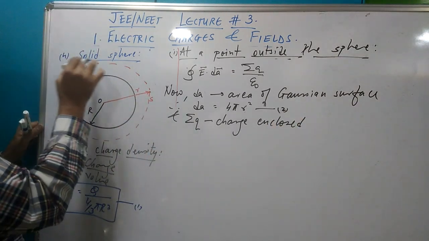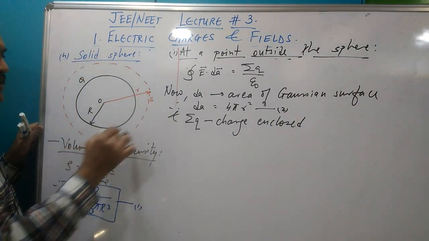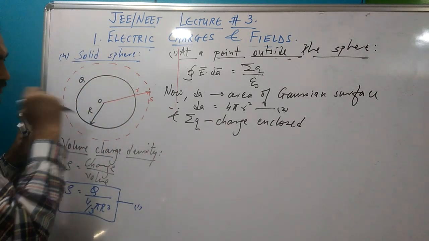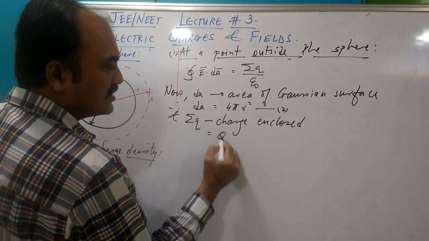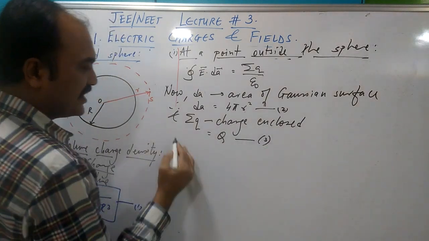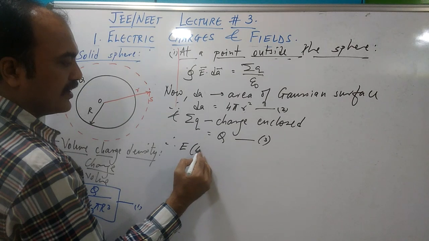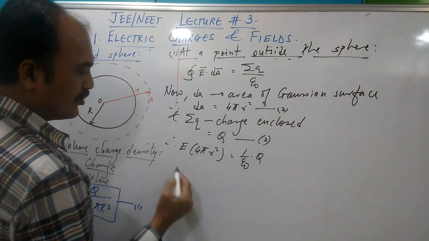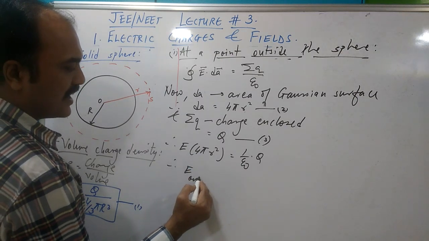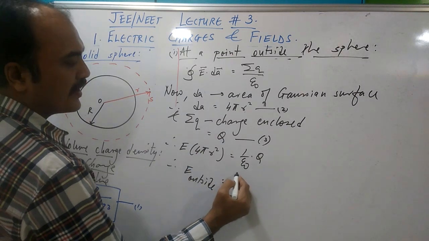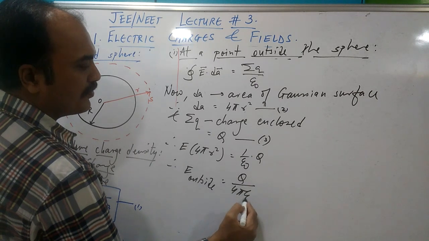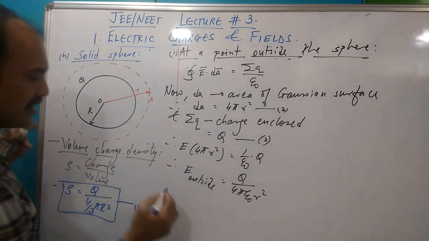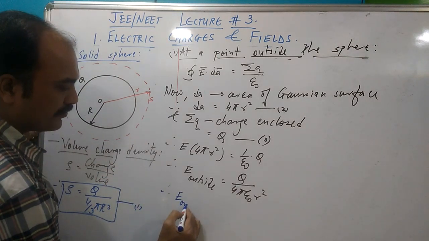If you were to see carefully how much amount of charge is enclosed by the Gaussian surface, you will say the entire sphere is enclosed. So charge enclosed is Q, which gives you therefore E into 4 pi r square is 1 by epsilon 0 into Q, or E outside is Q by 4 pi epsilon 0 r square, or since this is the beautiful final equation, I'll write it in blue.